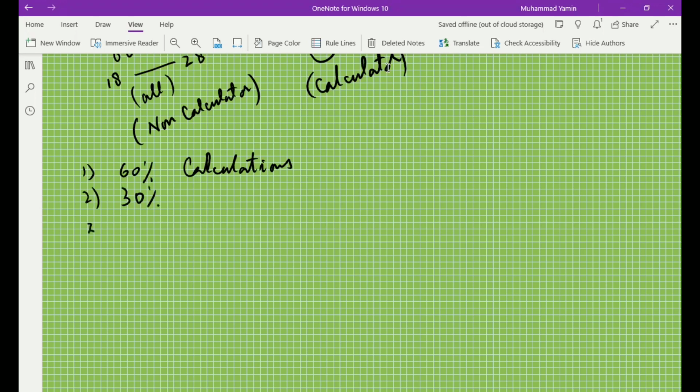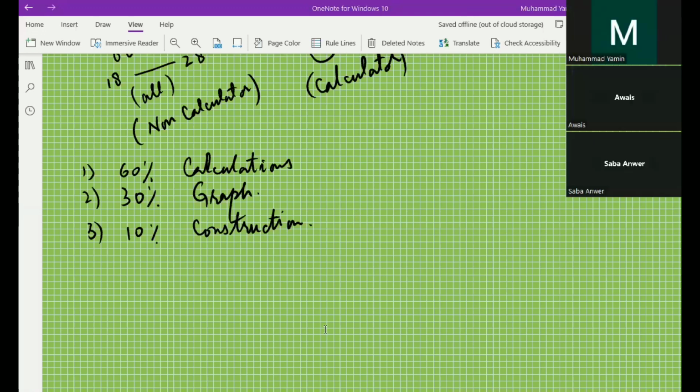The 30% is related to graphs and graphical calculations, while the remaining 10% is related to construction, in which we use constructional instruments, that is ruler, pencil, compass, and protractor, and we do accurate drawing. So we have to manage all these types of situations when we are preparing for paper 1 and paper 2.